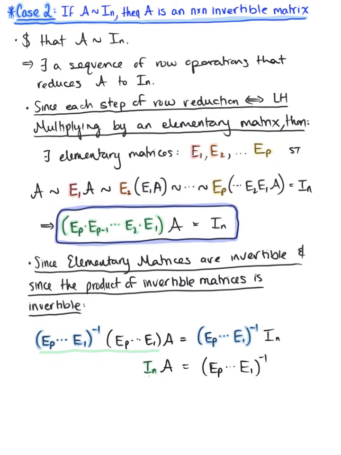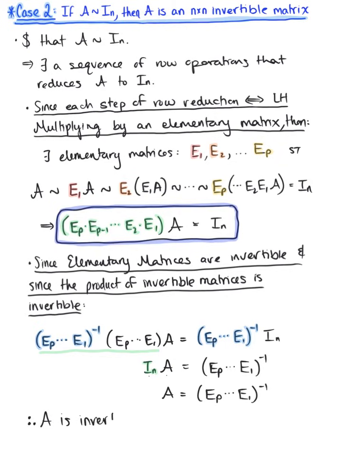Now, the identity matrix times matrix A leaves us with matrix A. So we've shown here that matrix A is equal to the inverse of this sequence of elementary matrices. And thus, matrix A is invertible.